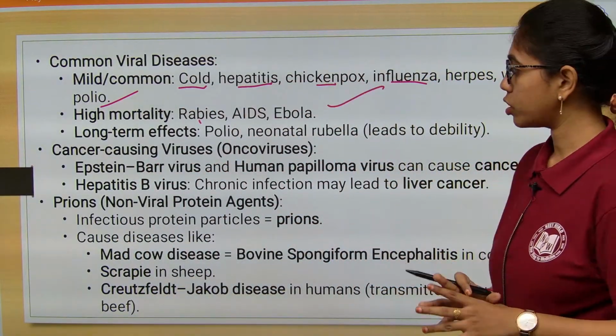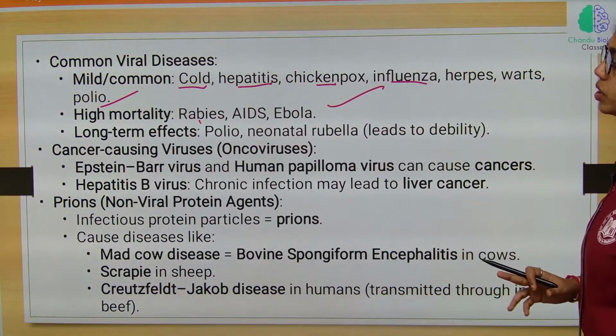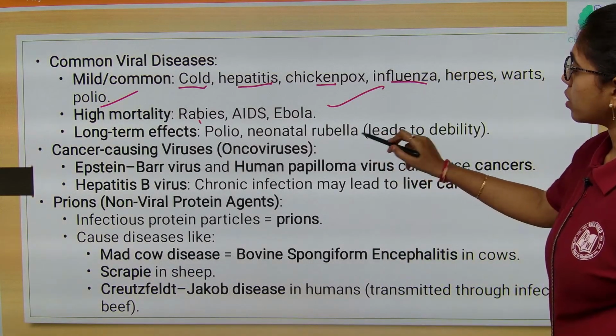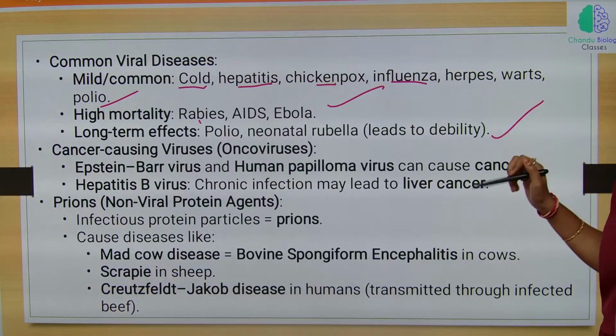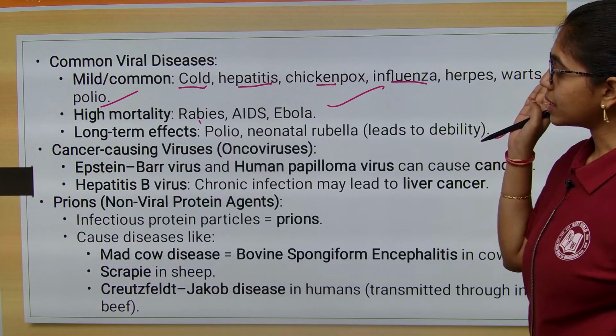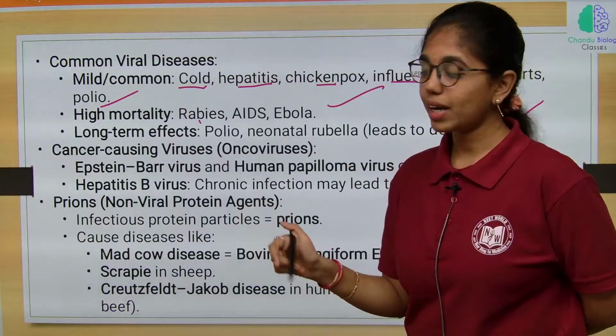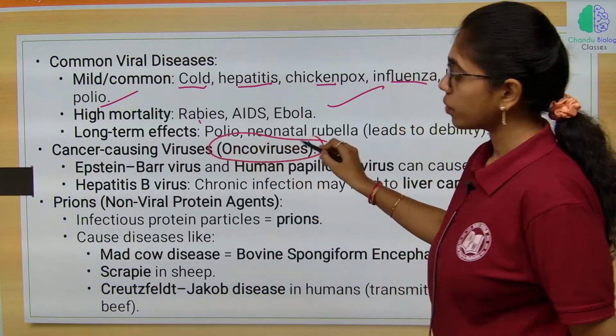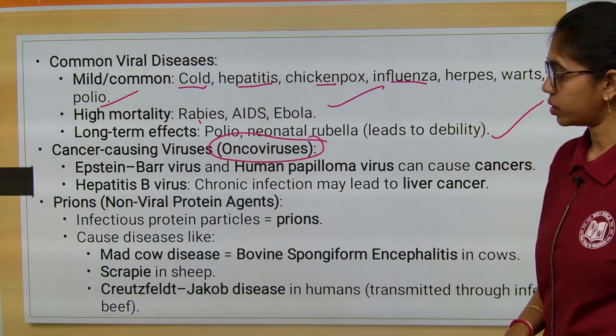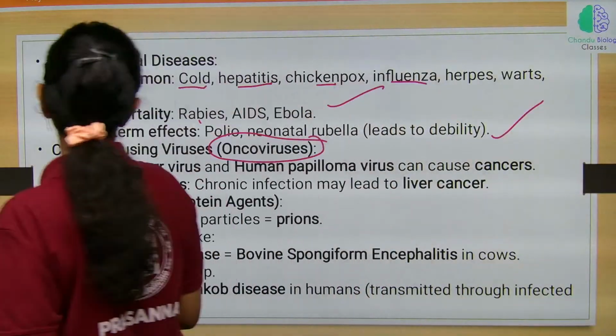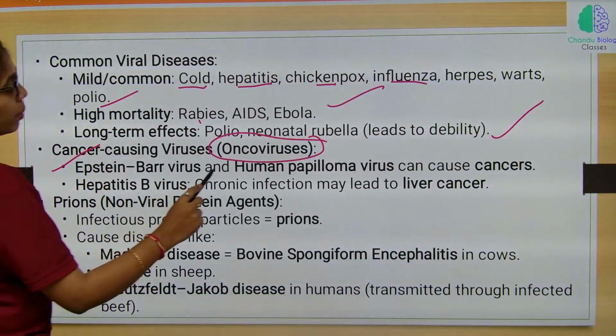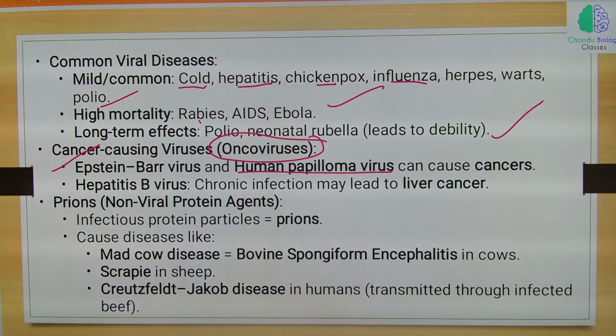Long term effects of viral diseases include polio and neonatal rubella, which lead to debility. Next, cancer causing viruses are called oncoviruses. First, Epstein-Barr virus and human papilloma virus can cause cancers.